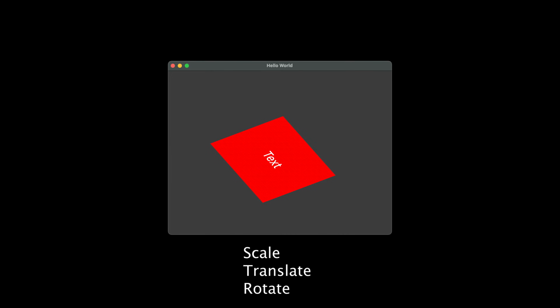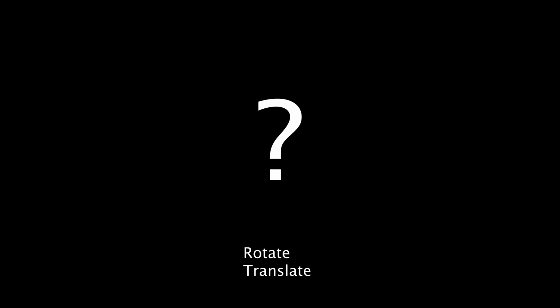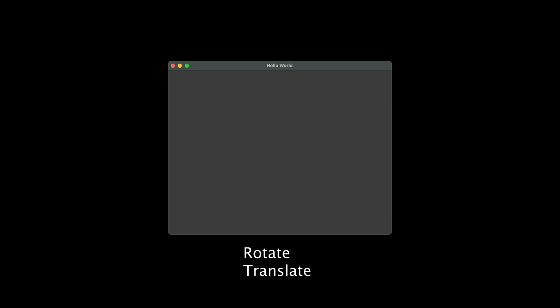The third combination should be easy now. We rotate, translate and scale, meaning our translation vector is also scaled. That's why the whole thing moved more to the right and down. How about this one? Here's the result. The rectangle is gone. What happened?